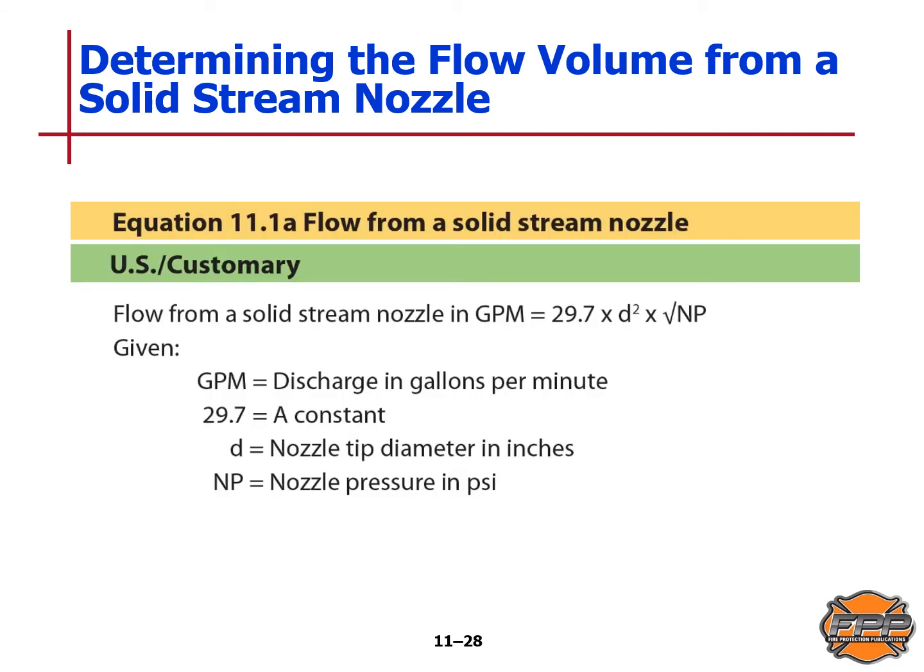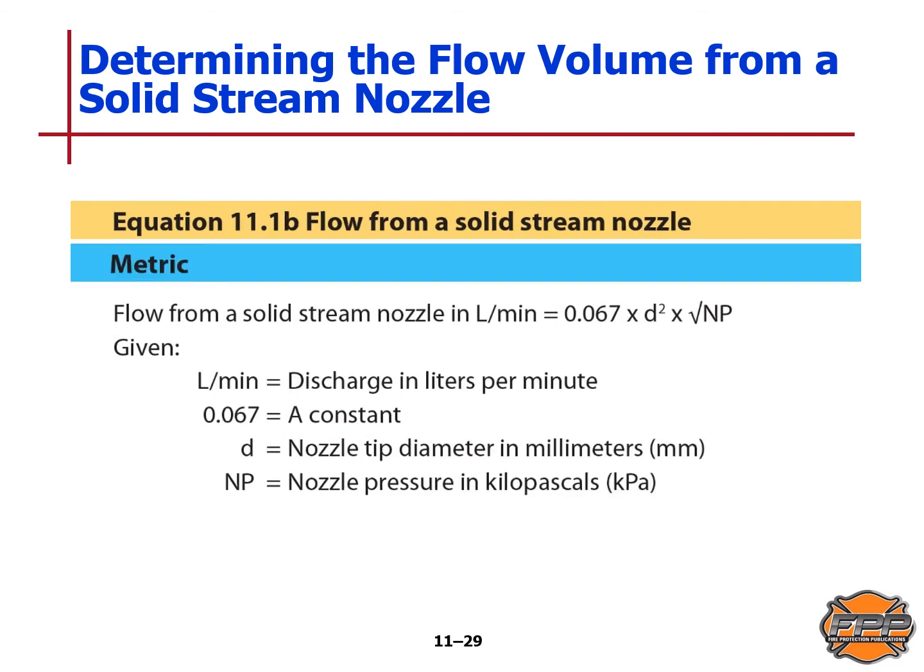Here's the equation. It is 11.1 in your text: flow from a solid stream nozzle in gallons per minute equals 29.7, which is our constant, times the diameter squared times the square root of NP, which is your nozzle pressure. This is it in metric.